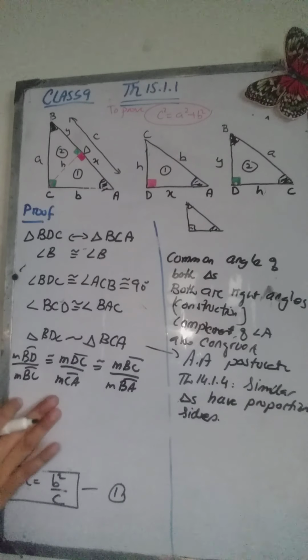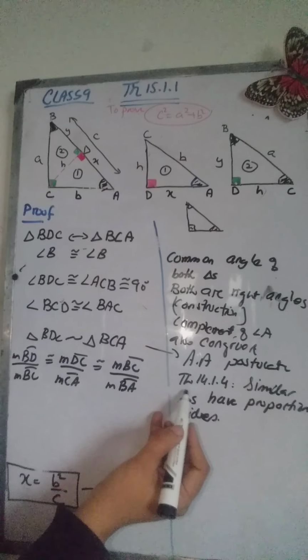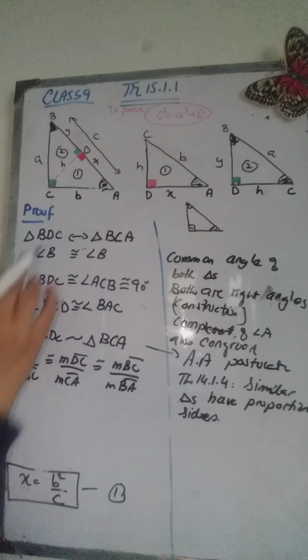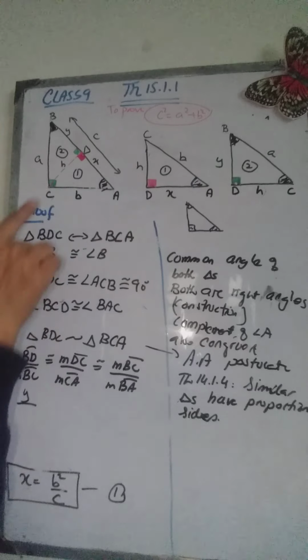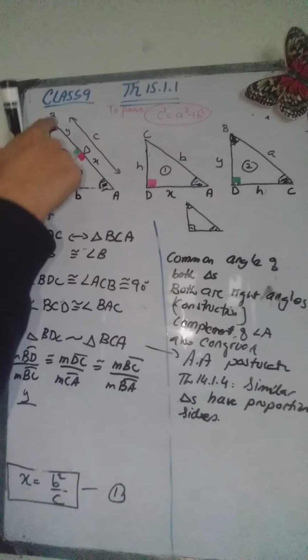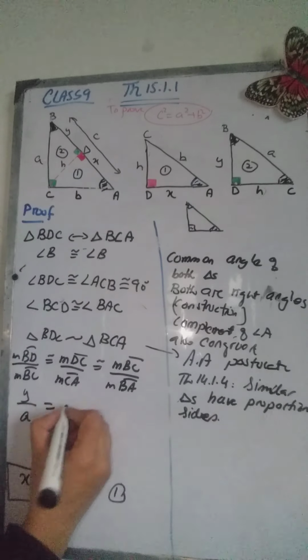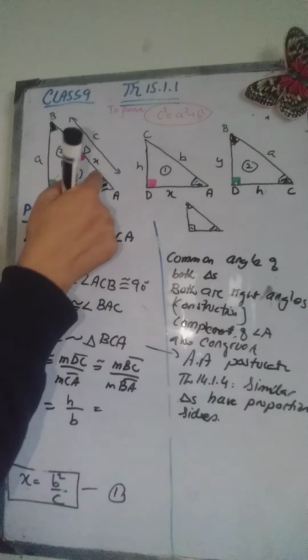This is because of the AA postulate, this is because of theorem 14.1.4, and now I'm going to replace BD. What is BD? BD is equal to y. So y over BC. What is BC? BC is equal to a, equals DC is h, over AC is b. And BC is again a over AB is the length c.